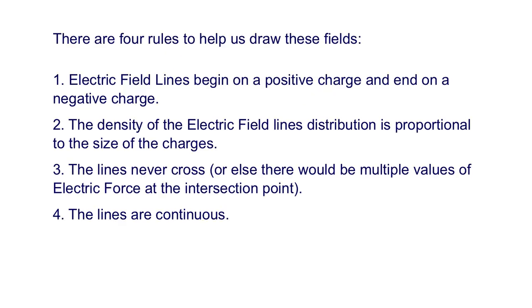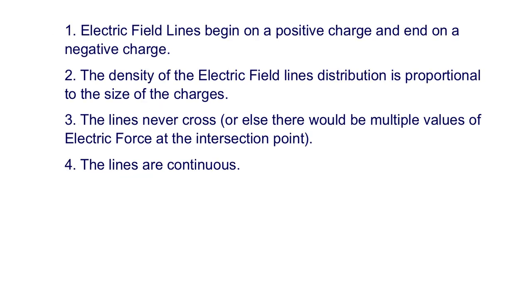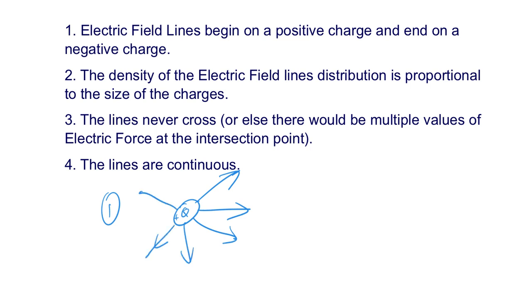So here are 4 rules about drawing electrical fields. The first rule is just stating that if you have a positive field charge, electric field lines point away from the positive field charge, assuming that the test charge is positive as well, which we always do.